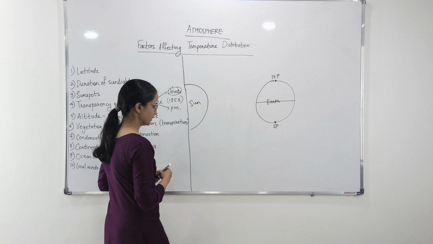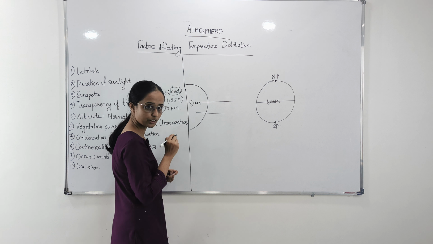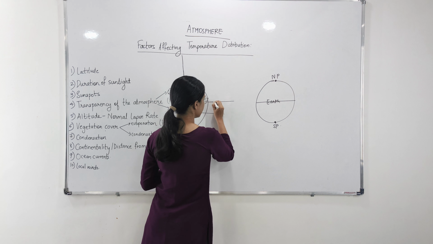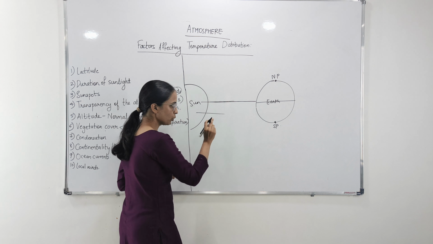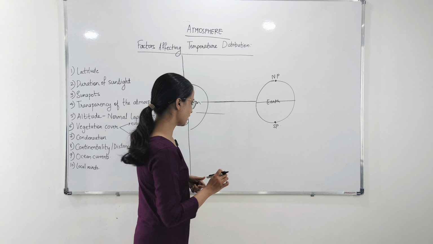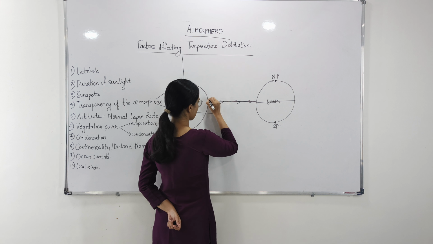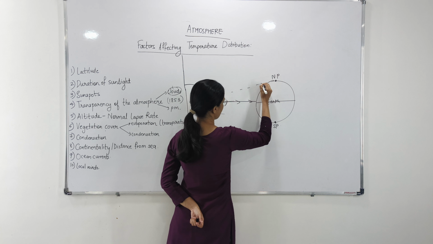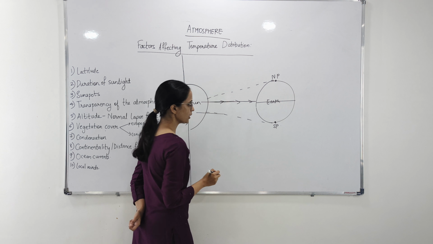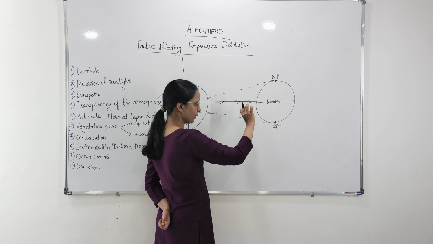So now what happens is, whenever the sun emits its rays, which are called solar insolation, the distance that these rays have to cover with respect to different places on the earth is different. For example, if the sun rays are supposed to travel to the equator, this is the distance, whereas the same sun rays, if they are supposed to travel to the north and the south poles of the earth, have to travel a longer distance as compared to the equator.